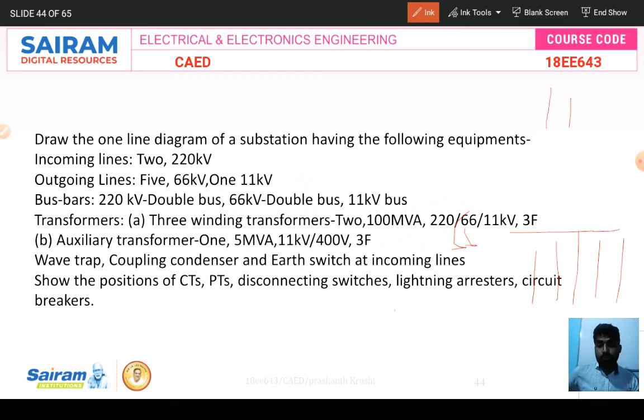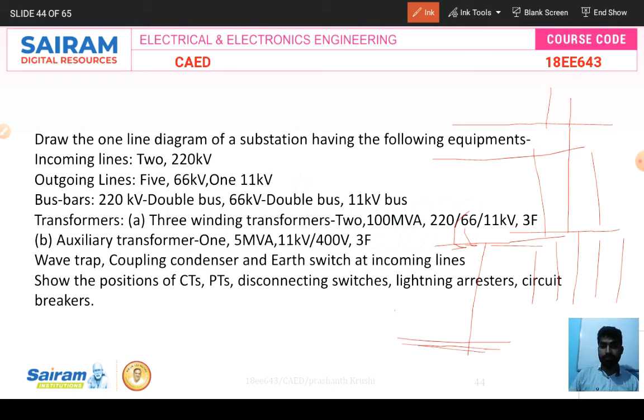So 220 kV this one, and 66 is here to here, 66 kV, and after that again 66 kV to 11 kV is here. Like this. 3 winding transformer, 100 MVA, 220, 66, 11 kilovolts, 3 phase, auxiliary transformer 1, 5 MVA, 11 kV to 400, 3 phase, wave trap, coupling condenser, earth switches at incoming lines, show the position of CTs, PTs, disconnecting switches, lightning arrestor, circuit breakers, right?